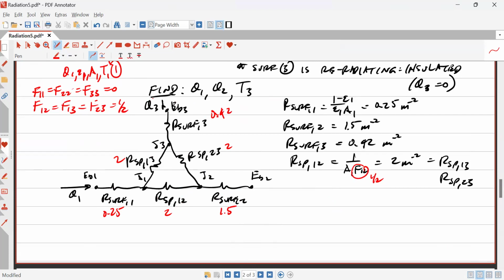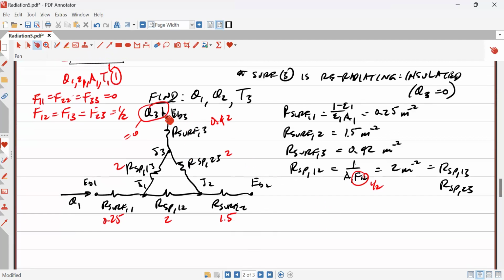Now, the big thing here is that since we're given Q3 is equal to 0, that means that there's no heat flow between EB3 and J3. So the R surface 3 doesn't even matter. So we see then that EB3 must equal J3.